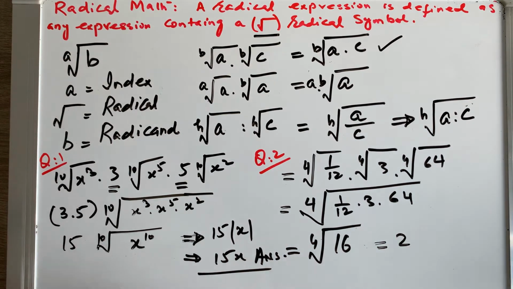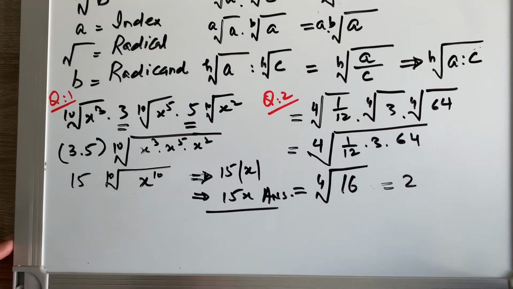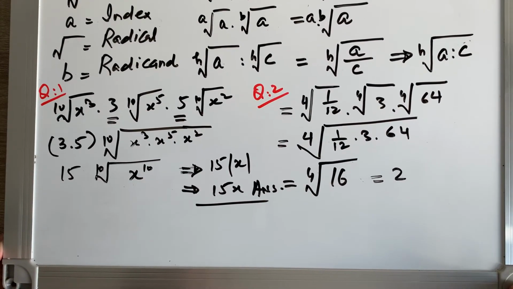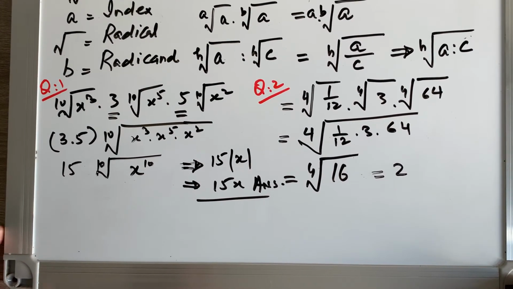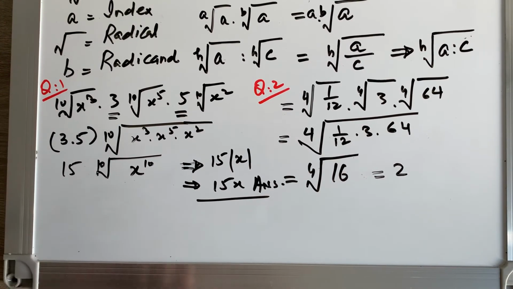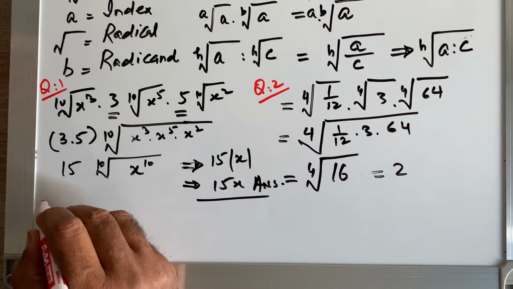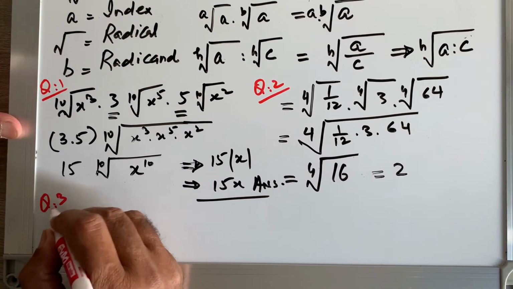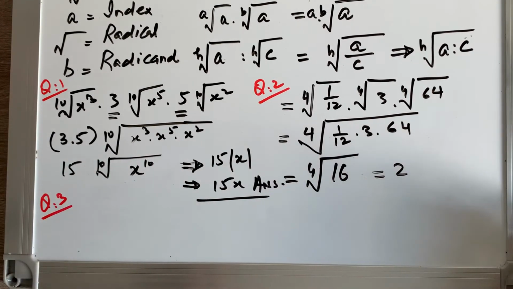So these are the 2 simple examples. We can have more examples. I am providing these to give more understanding of the topic, radical math, right?